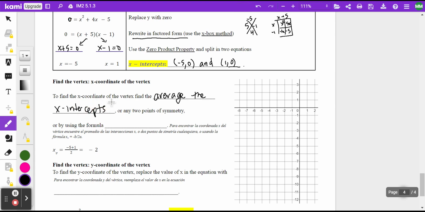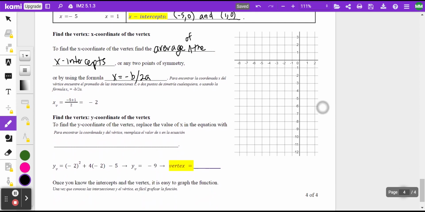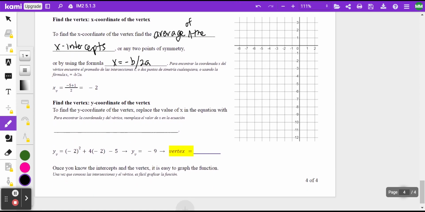We find the average, we should have said, of the x-intercepts for any 2 points of symmetry. It doesn't have to be the x ones. Or we could use the formula x equals negative b over 2a, which I'm not going to emphasize in these notes, but some of you may prefer that formula. We'll start using negative b over 2a when we learn the quadratic formula. Okay, so averaging the x-intercepts.